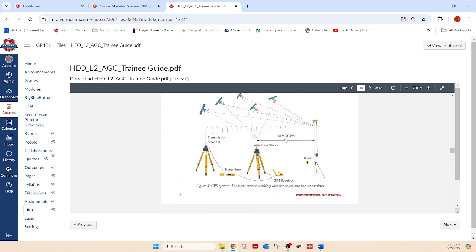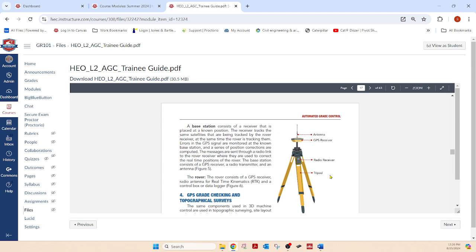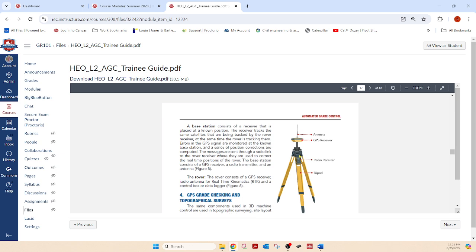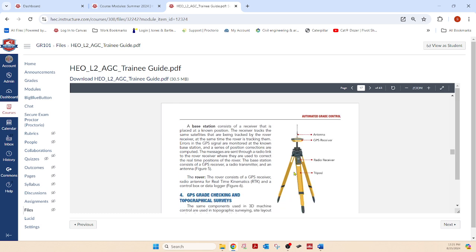So there are 3 things, and each of these has a job. This is the antenna here. It's the base station right there. It says this is the base station, and this is what it consists of. And there'll be some questions about these, not so much what they do, but are they part of the base station? So know something about the components of it.